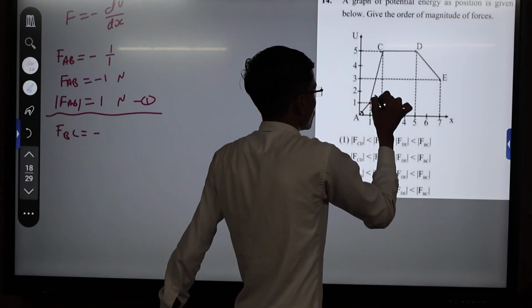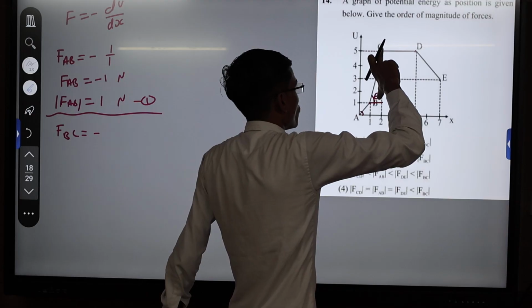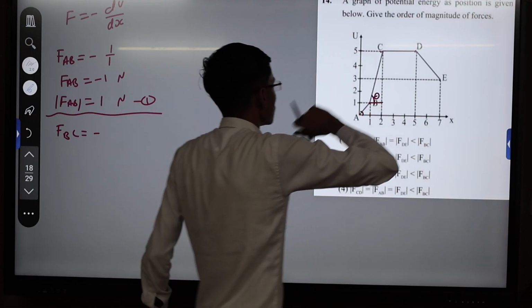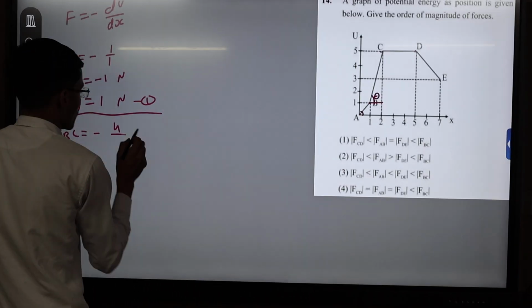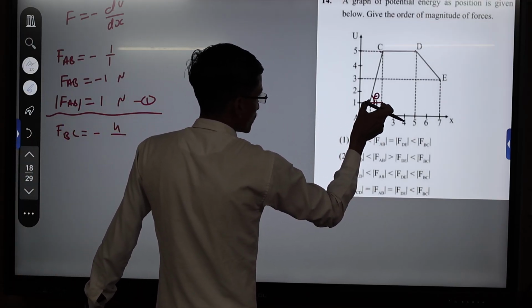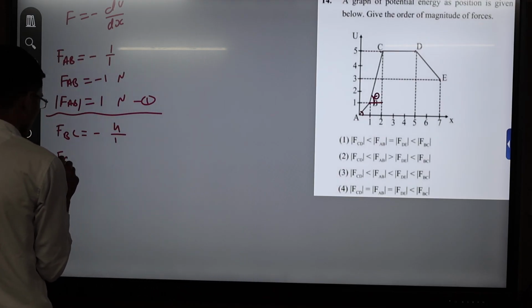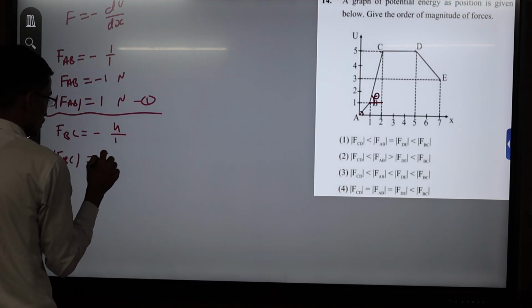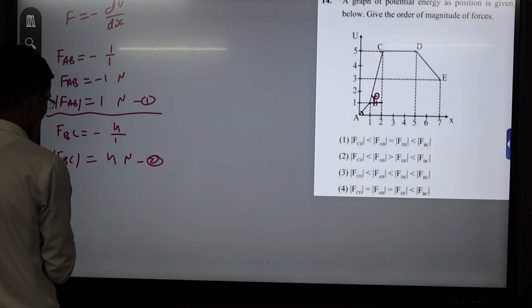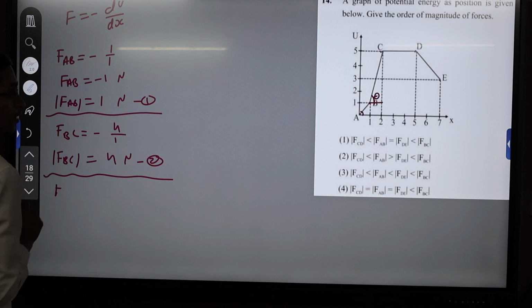For this we have to consider this theta. So the length of the opposite is 5 minus 1, equal to 4, divided by the length of the adjacent. The adjacent length is 2 minus 1, equal to 1. So FBC's mod will be 4 Newton. Let us say value 2. As well as FCD.